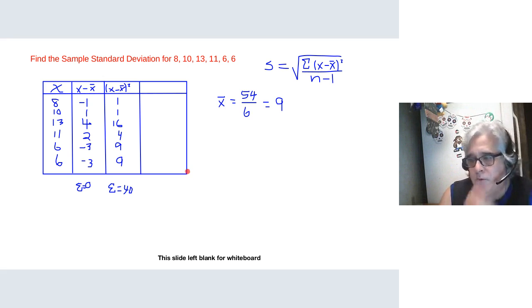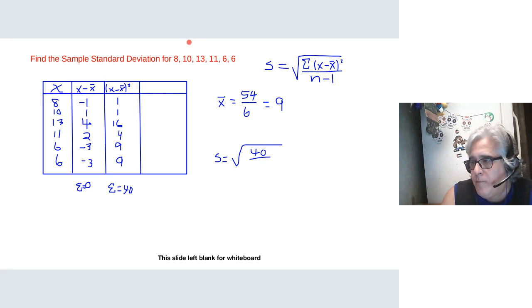All right. So S is equal to the square root of 40. And as well, I didn't quite say it, but n is equal to 6.